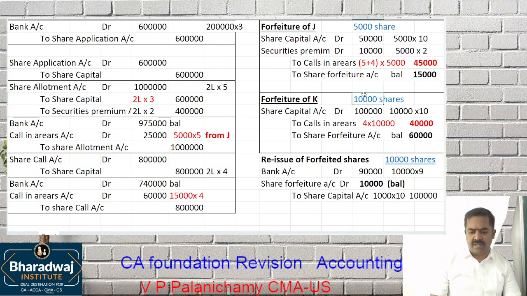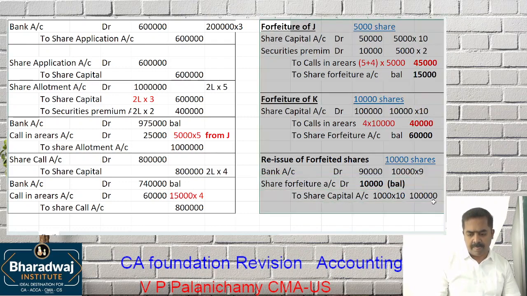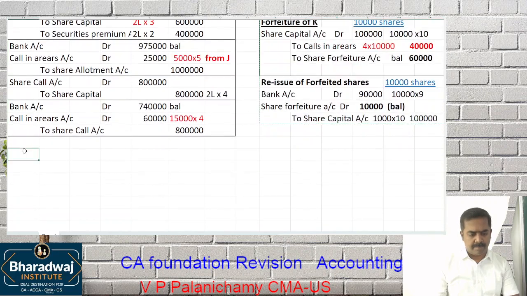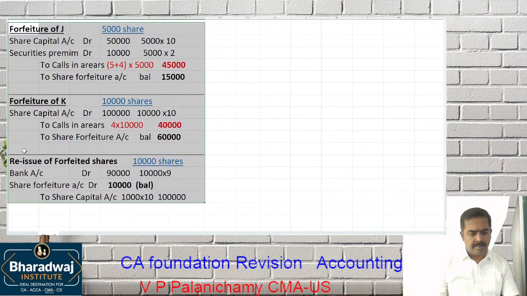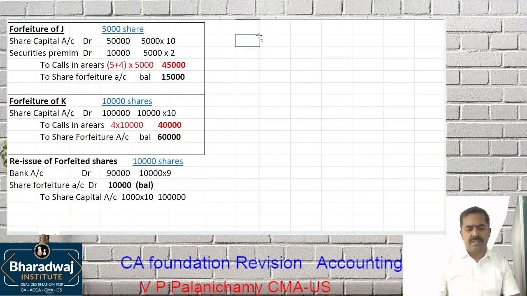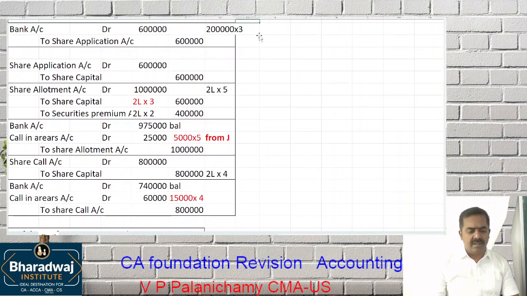So we cannot create capital reserve just by adding and deducting. How to do it? Listen to it. It is given in the question.